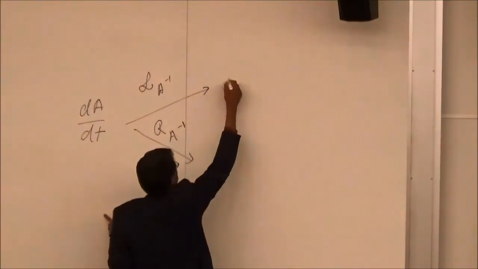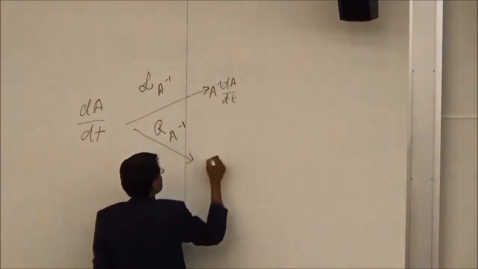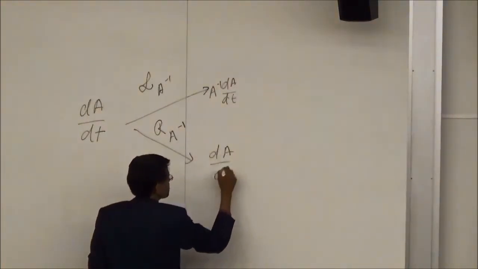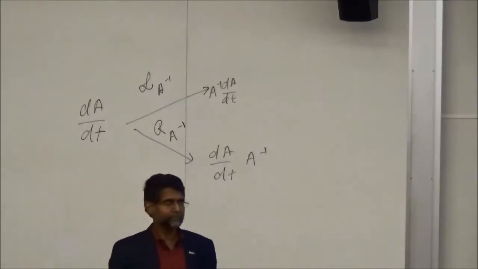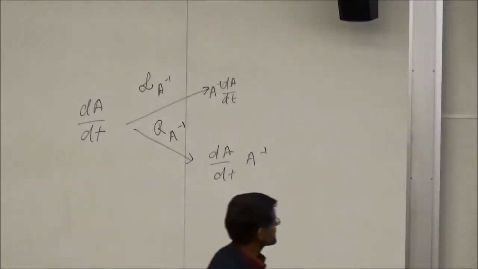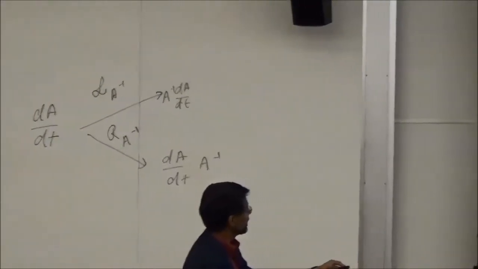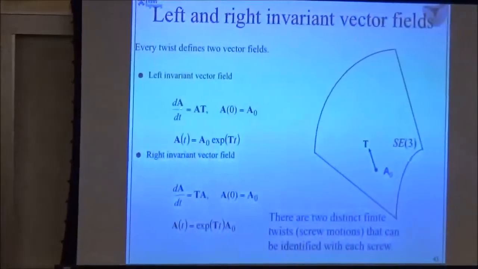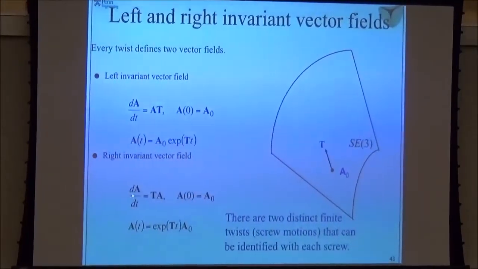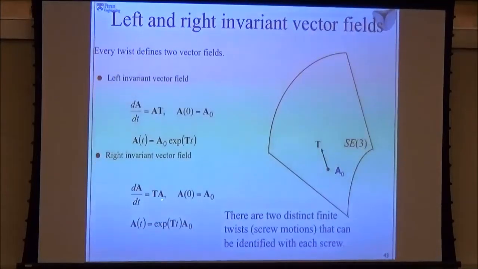So in this case, I'll get dA dt pre-multiplied by A inverse, and in this case, I'll get dA dt post-multiplied by A inverse. Okay? So what I've done here is take T, define T to be A inverse times dA dt. Here, I've defined T to be dA dt post-multiplied by A inverse.